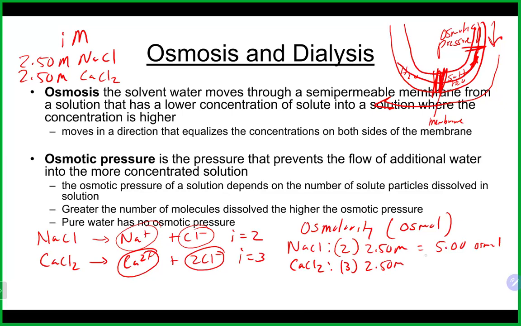There we go, 7.5 osmolarity. The one with the greater osmotic pressure would be the calcium chloride. It has more particles that break apart into the solution, causing more pressure because of the presence of those particles. So it's directly related to the number of particles there are. More particles probably means more osmotic pressure.